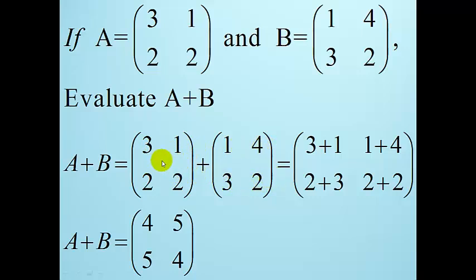So we have 3 plus 1, 1 plus 4, 2 plus 3, and 2 plus 2. So 3 plus 1 is 4. 1 plus 4 is 5. 2 plus 3 is 5. And 2 plus 2 is 4. So A plus B is equal to 4, 5, 5, 4.